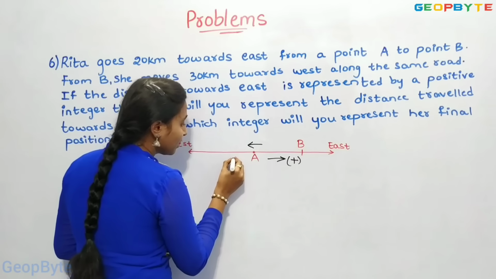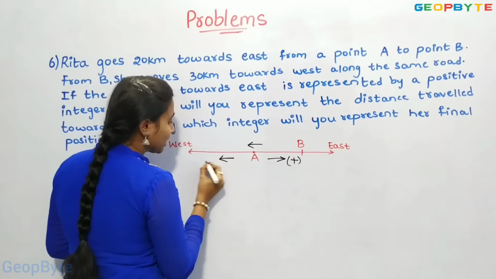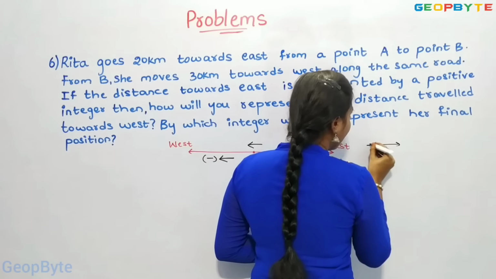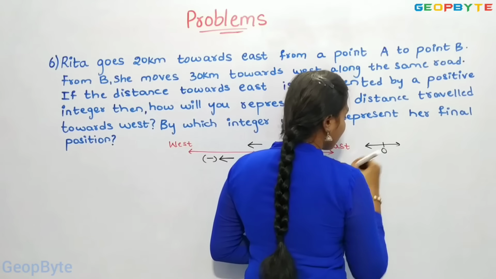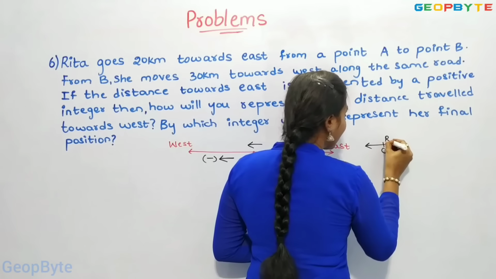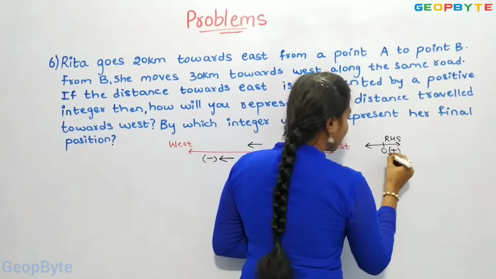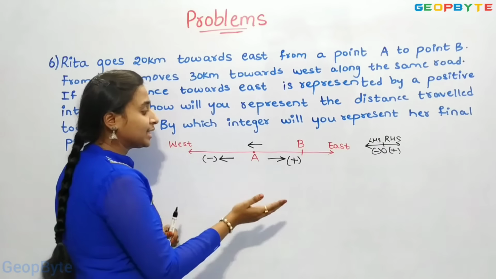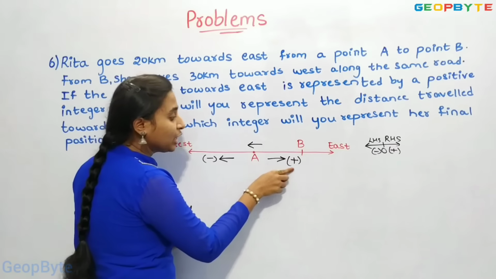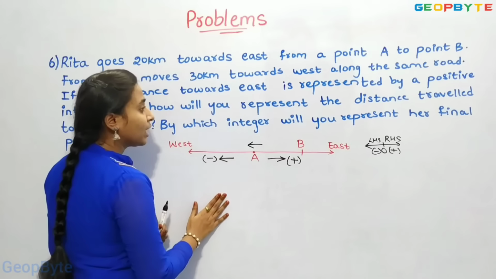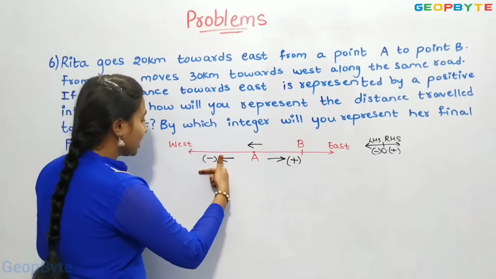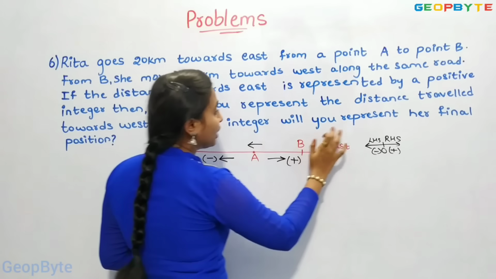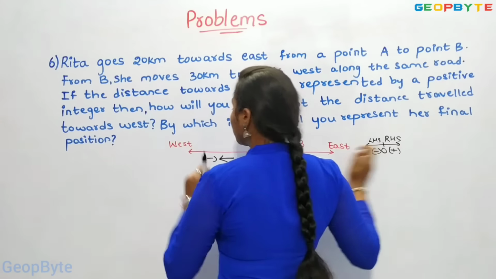Obviously, we will represent it as negative, because in number line, we represent the right hand side as positive and the left hand side as negative. Similarly, as travelling towards east is positive, travelling towards west will become negative.